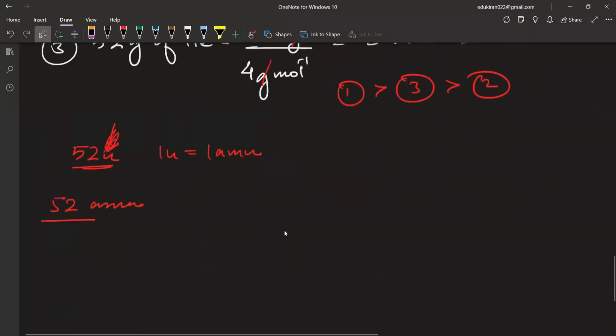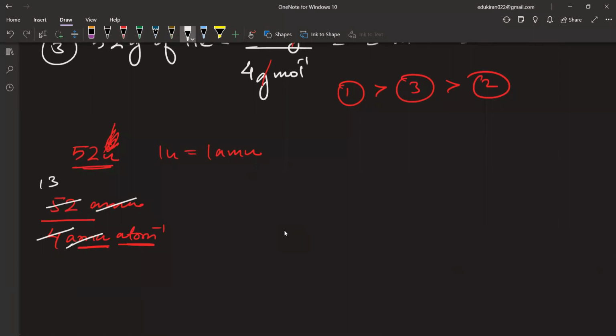The mass of one helium atom is 4 AMU per atom. We can cancel this by 13. AMU and AMU will get cancelled and I will get 13. This atom inverse will come above and we get 13 atoms. Got it? Yes, sir. Okay.